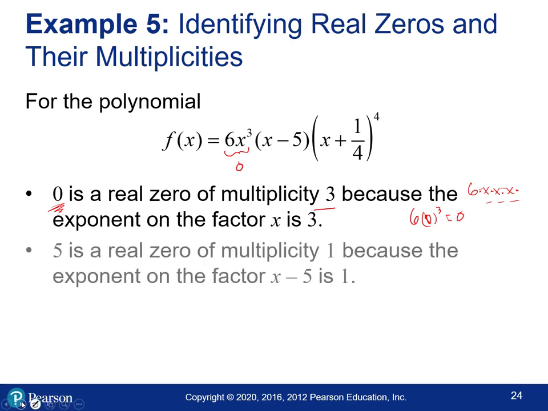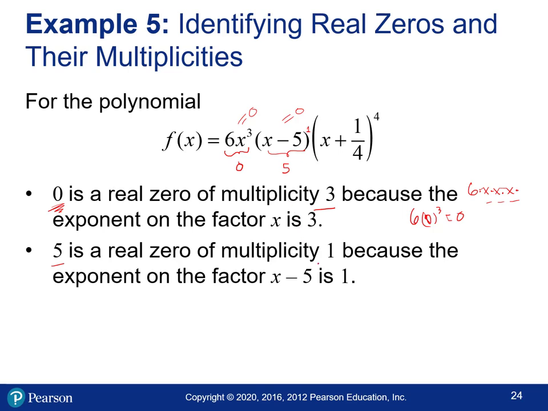The second real 0 comes from here. This real 0 would be 5, because if I plug in 5 here, this whole factor would equal 0. And this one only occurs once, because you either just notice you see the factor once, or you can look at this invisible exponent of 1.